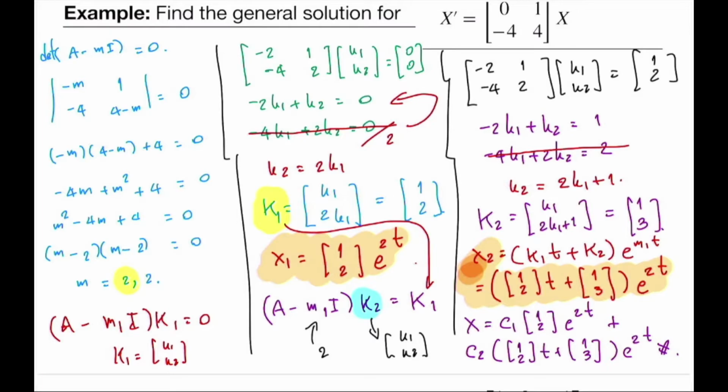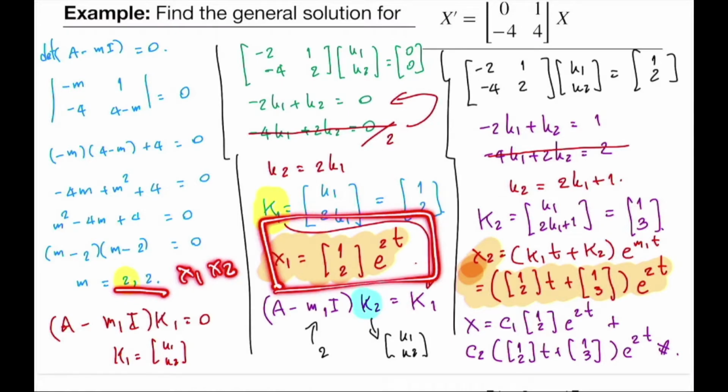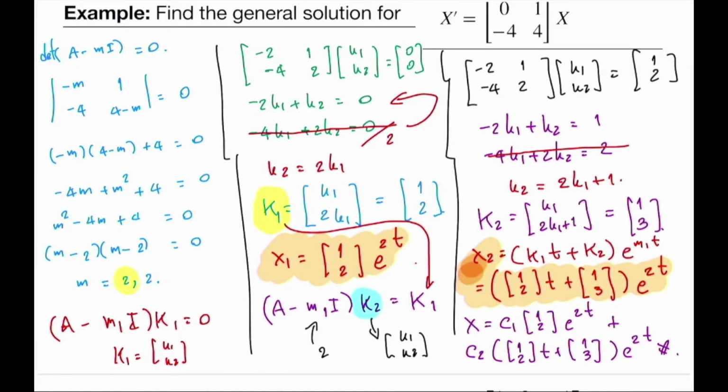Okay, but guys, you have 2 m's, so you're supposed to get x1 and x2, right? But you get only 1 x. So in that case, you take this equation again, but instead of 0, you put K1 in here, and then you can find k2, which is 1 and 3, so you can get x2, which is K1 t plus K2, e to the m1 t.